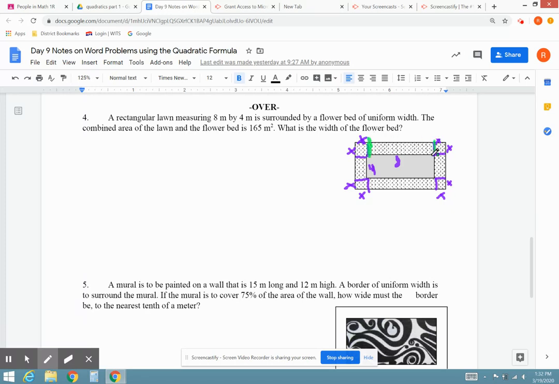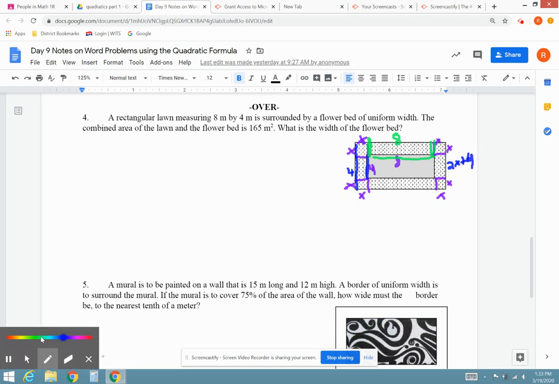to here is really this distance, which I already know is 8. And then from here to here, I already know that that distance is 4, which means that this whole side is x plus 4 plus x, or 2x plus 4.